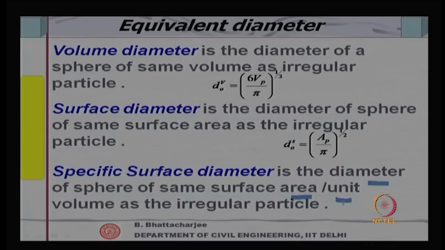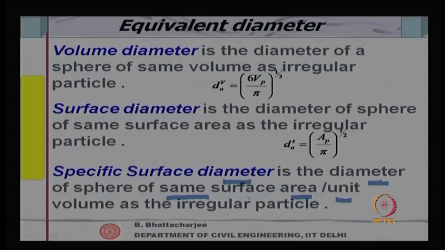Now, we talked of specific surface earlier in connection with cement, where surface area per unit mass or per unit volume is used as specific surface. In the context of aggregate, we will be talking in terms of surface area per unit volume as the specific surface.